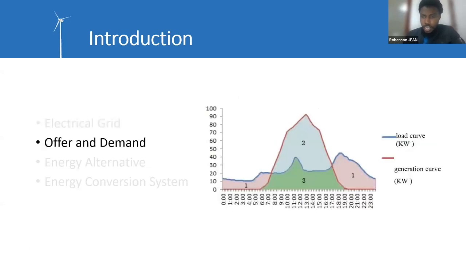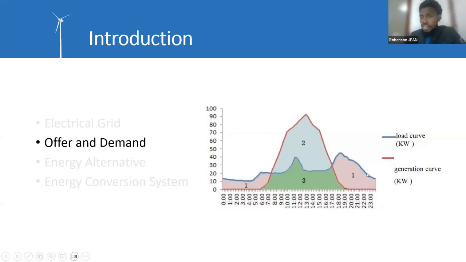For instance, in this case, we can observe that the red line is the generation curve and the blue line is the load curve. In the morning, we can see that the load curve is above the generation curve, so this means that there is a lack of production. But in this interval, the generation curve is over the load curve, so we have an excess of energy production.